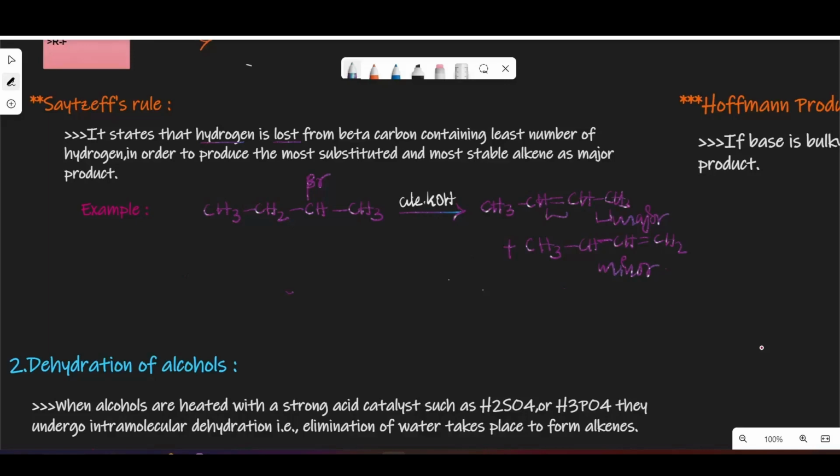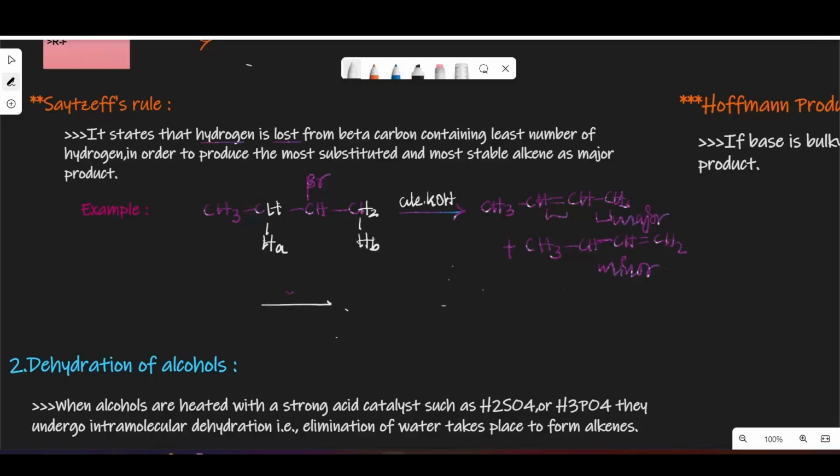What's happening here is we have hydrogens on both beta carbons. Let's take this hydrogen as H1 and this one as H2.